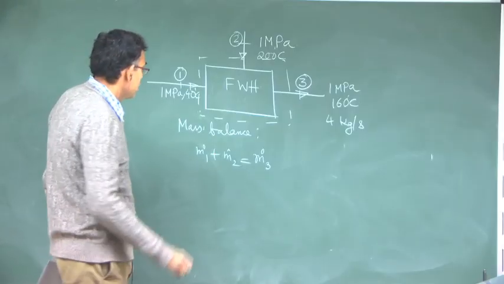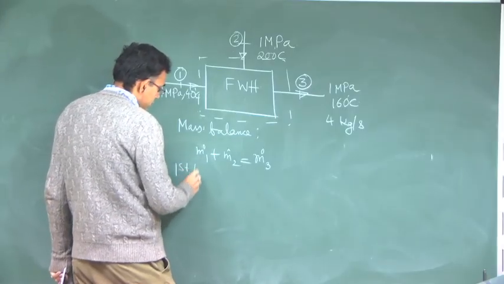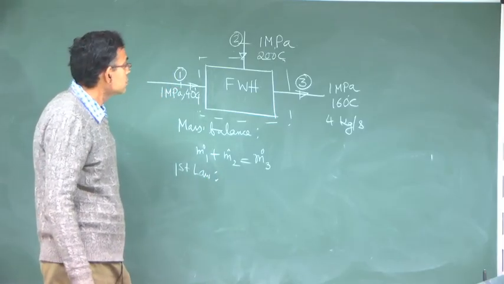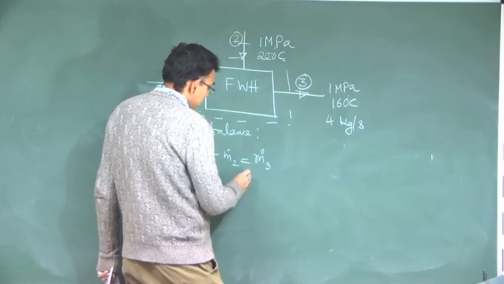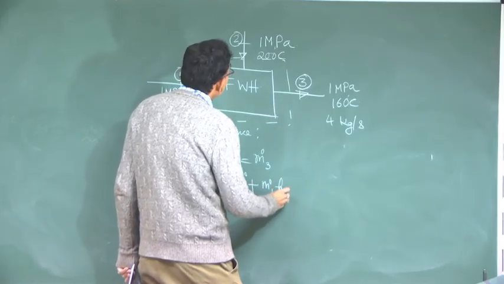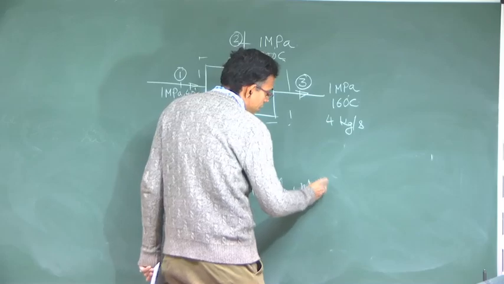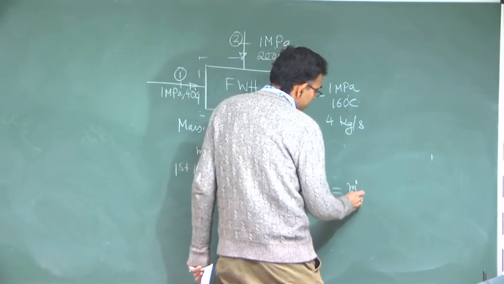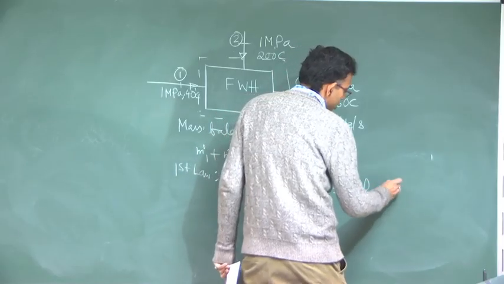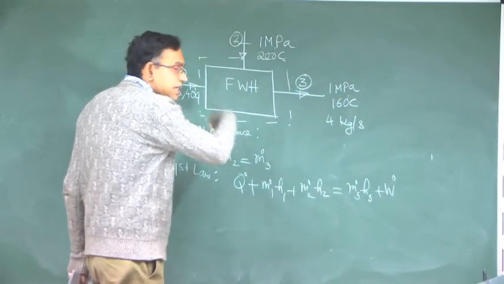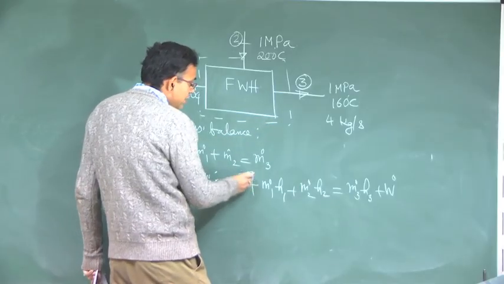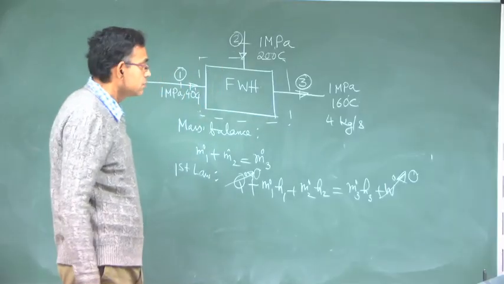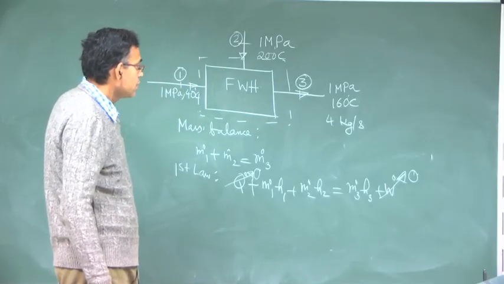Then the first law: Q dot plus m dot 1 h1 plus m dot 2 h2, the summation of m dot i h i, is equal to m dot 3 h3 plus W dot. Here there is a heat exchange internally, but externally there is no heat transfer.